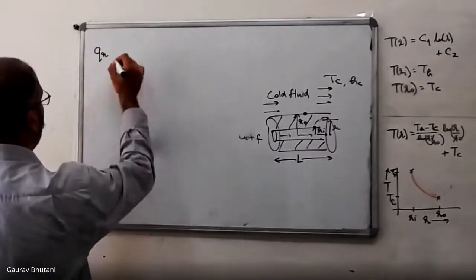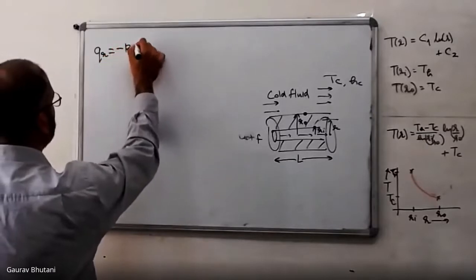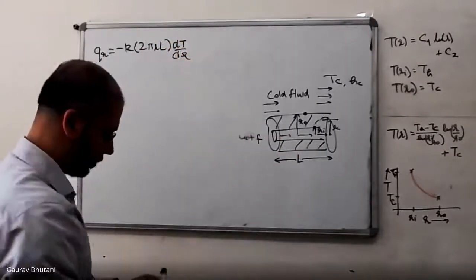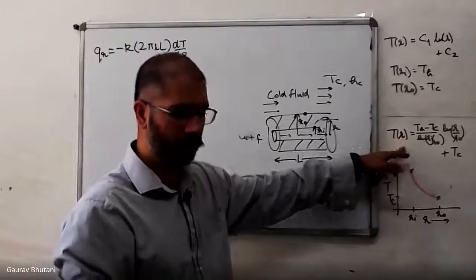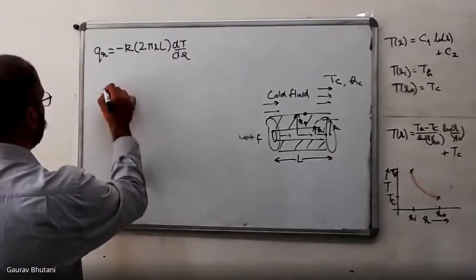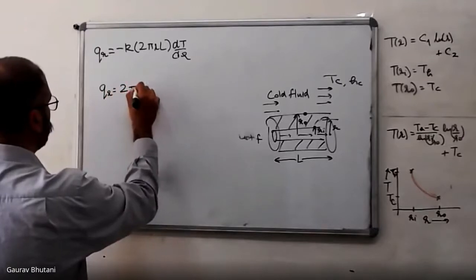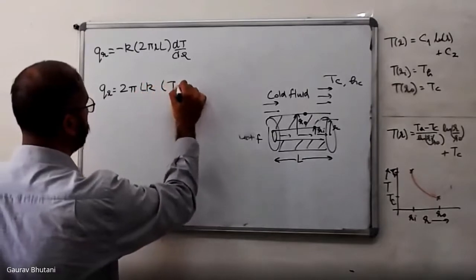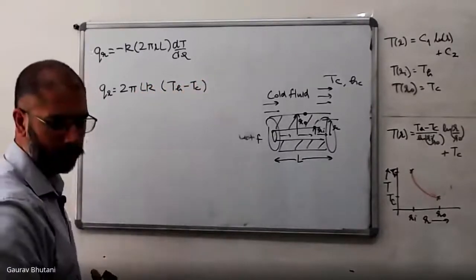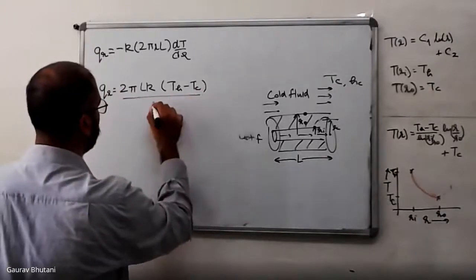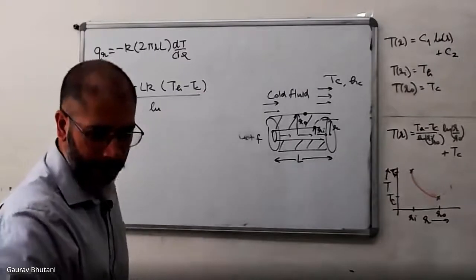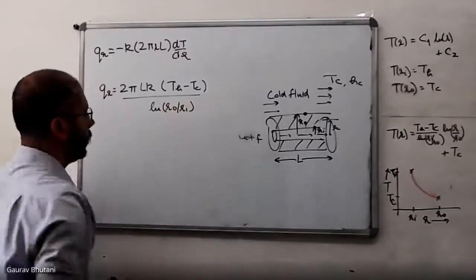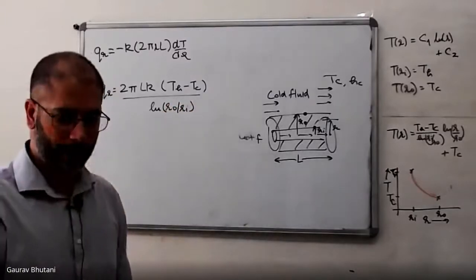So the watts, that's QR, which was minus K times 2 pi RL times dT by dr. Once I substitute this temperature distribution, what I get is QR is 2 pi L K times Th minus Tc, divided by ln R naught by Ri.